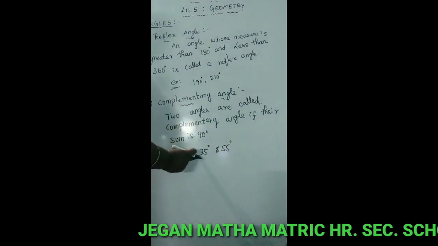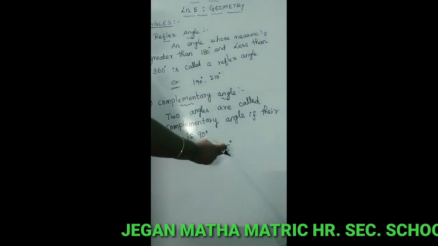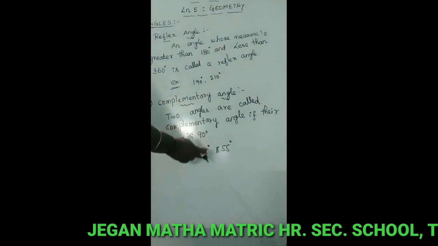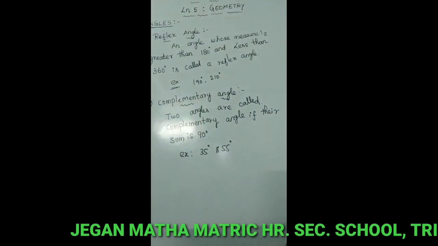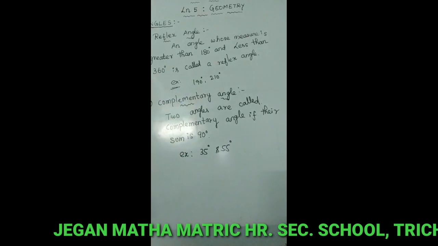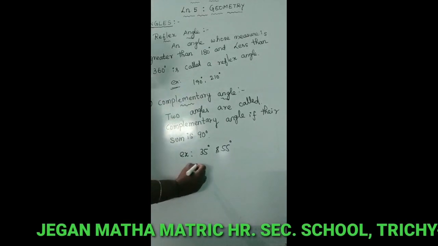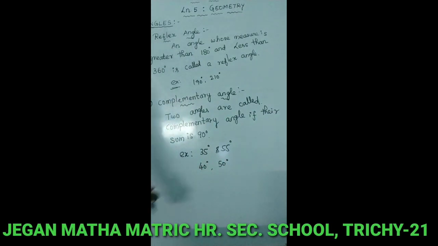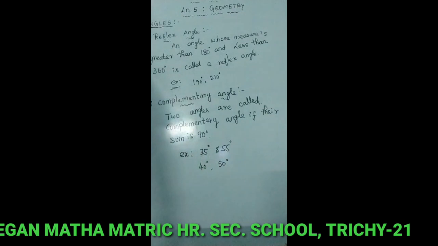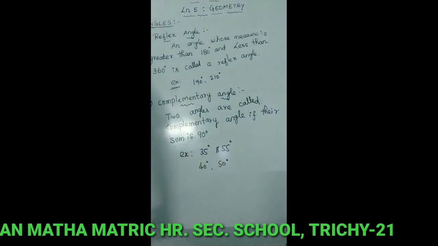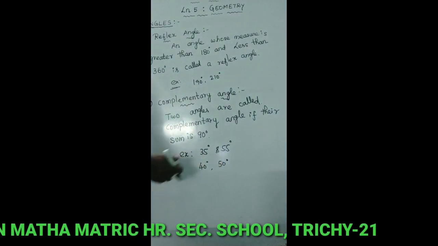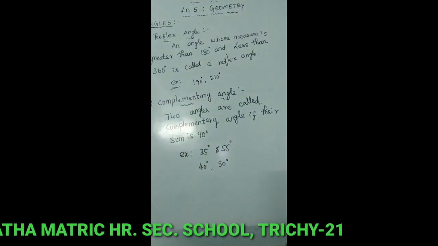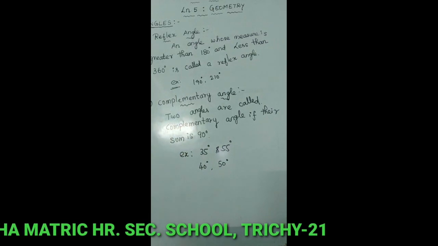So the complementary angle of 35 degrees is 55 degrees, and the complementary angle of 55 degrees is 35 degrees, because the sum of the two angles is equal to 90 degrees. Another example is 40 degrees and 50 degrees. The complementary angle of 40 degrees is 50 degrees, and of 50 degrees is 40 degrees, because the sum of the two angles is equal to 90 degrees. So this type of angle is called the complementary angle.